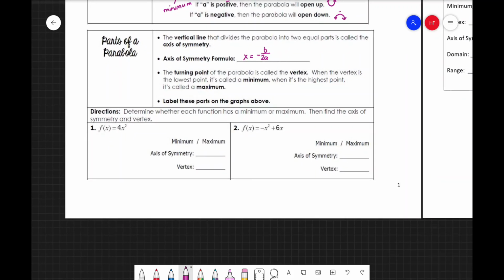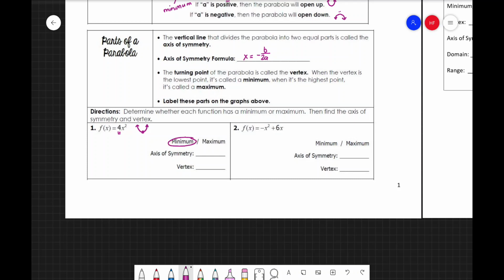So we want to determine whether each of these functions has a minimum or a maximum, and then find the axis of symmetry and the vertex. So on number 1, f of x equals 4x squared. My first value, the first number attached to x squared, is a positive 4. If it is a positive 4, then we're going to be happy and open up. If we're opening up, then the vertex is going to be the lowest point, which means I have a minimum.